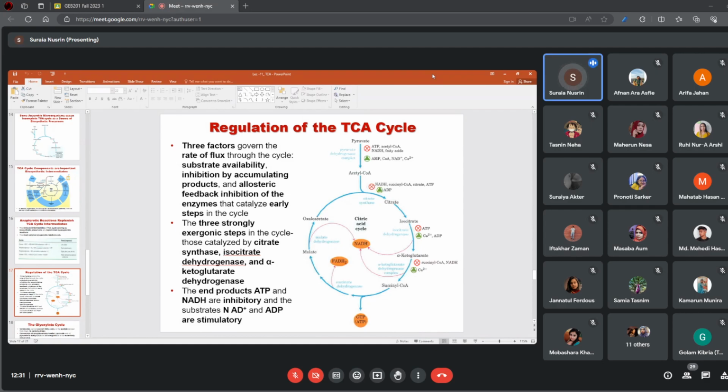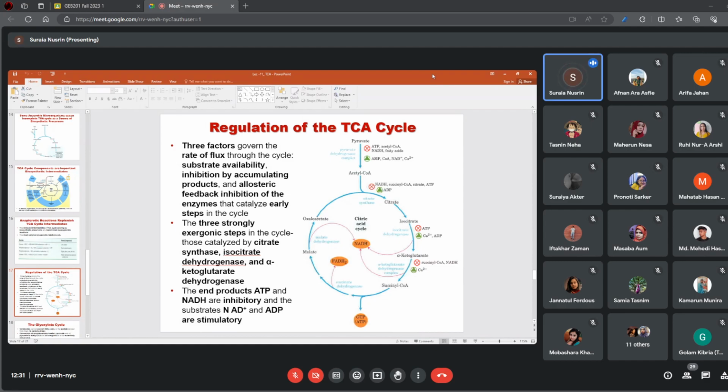Okay, now, so here substrate is what? Substrate is acetyl CoA. If there is no acetyl CoA, or we can also think about the substrate is what? Because ultimately the goal of this cycle is the production of energy. So that means if there is more NAD and ADP, then the cycle will go on.